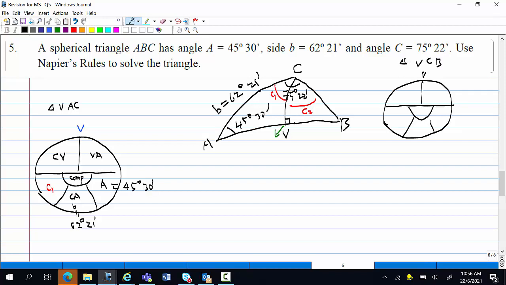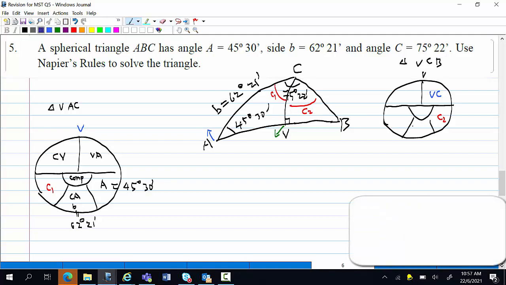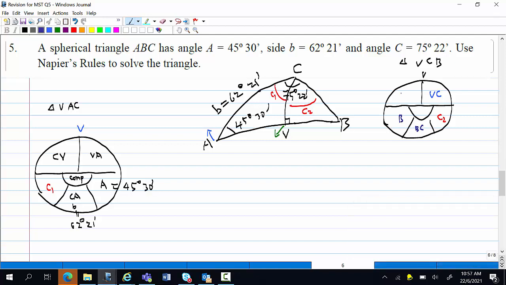If you follow the Napier views, the direction, I'm going to get BC first, then angle C2, and then BC, then after BC is angle B, then BV.